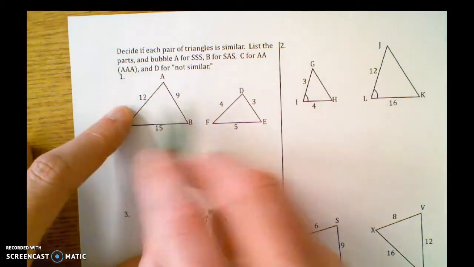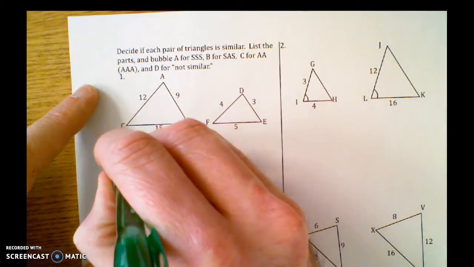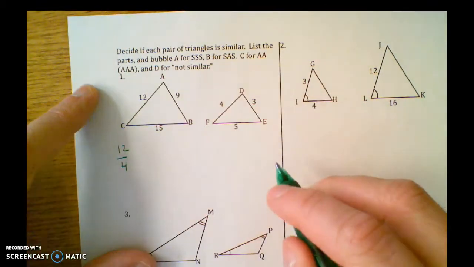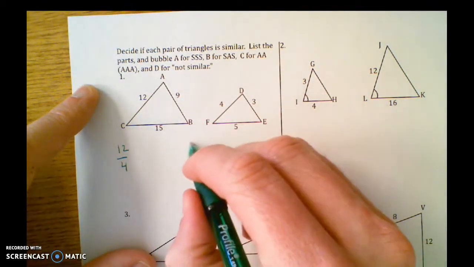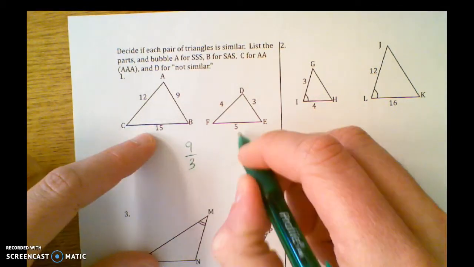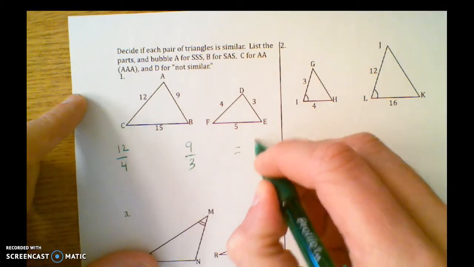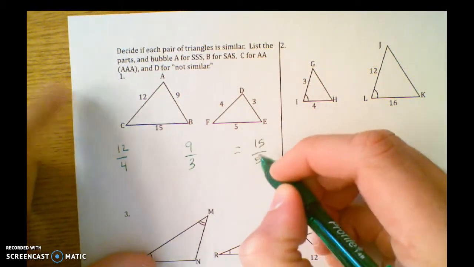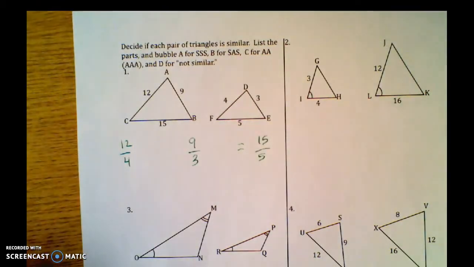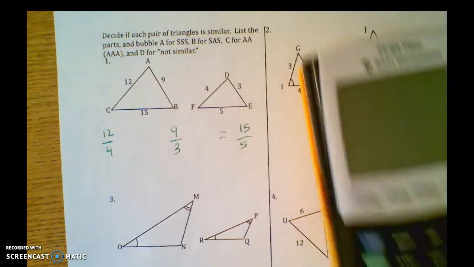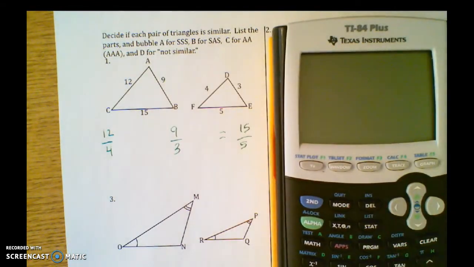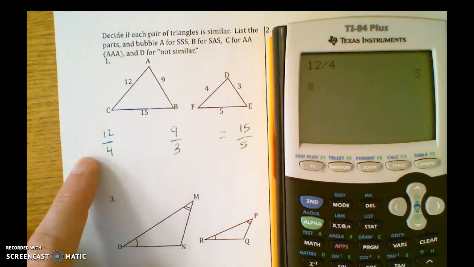So I have 12/4, 9/3, and 15 over 5. I want to make sure that these give me the same ratio, so let's make sure I reduce them and see what they give us. Okay, so taking our calculators and doing 12 divided by 4, I get 3.